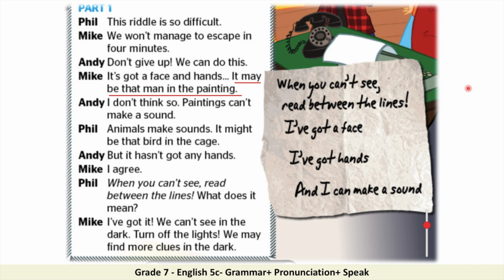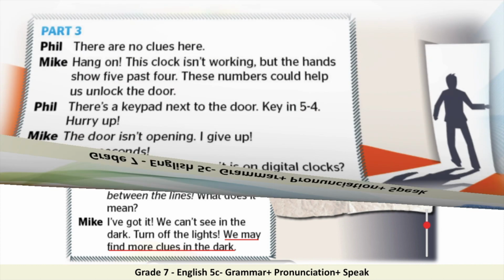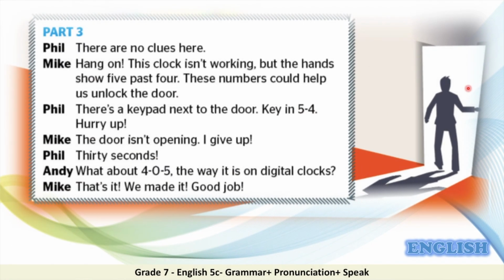What else? Excellent. It might be that bird in the cage. Also we have, we may find more clues in the dark. Do you have more? Yes. Perfect. These numbers could help us unlock the door.